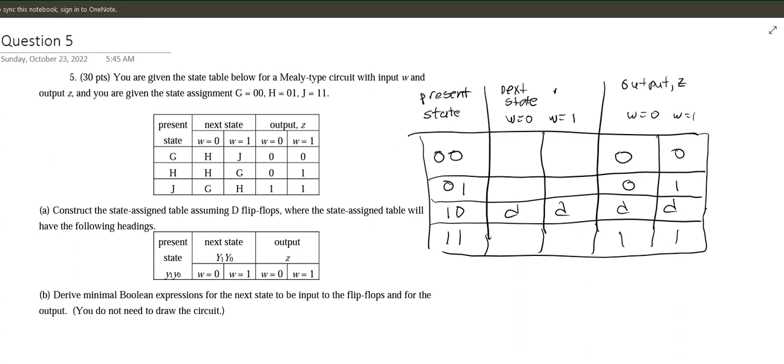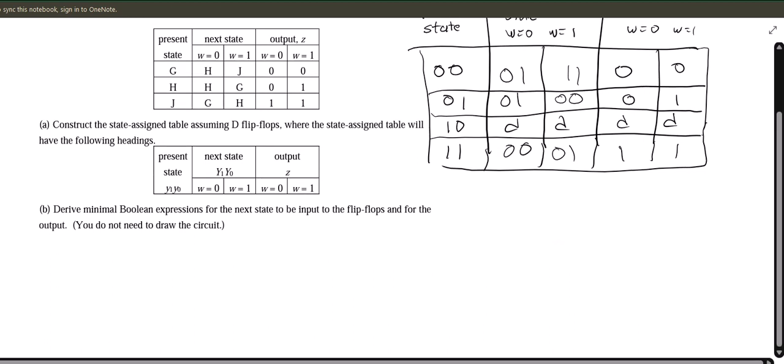And then everywhere we have an H, we're going to put 01. So 01, 01, 01. Everywhere we have a G, we'll put 00, and where we have a J, we'll put 11. So there we go.